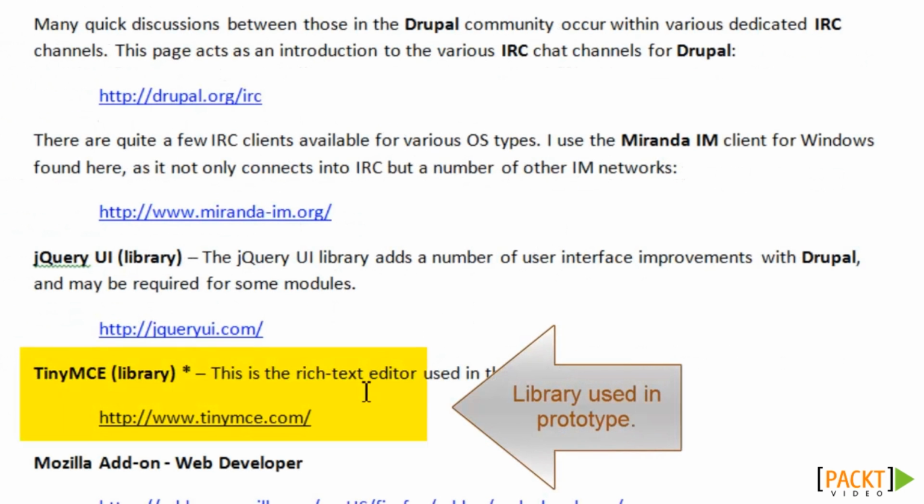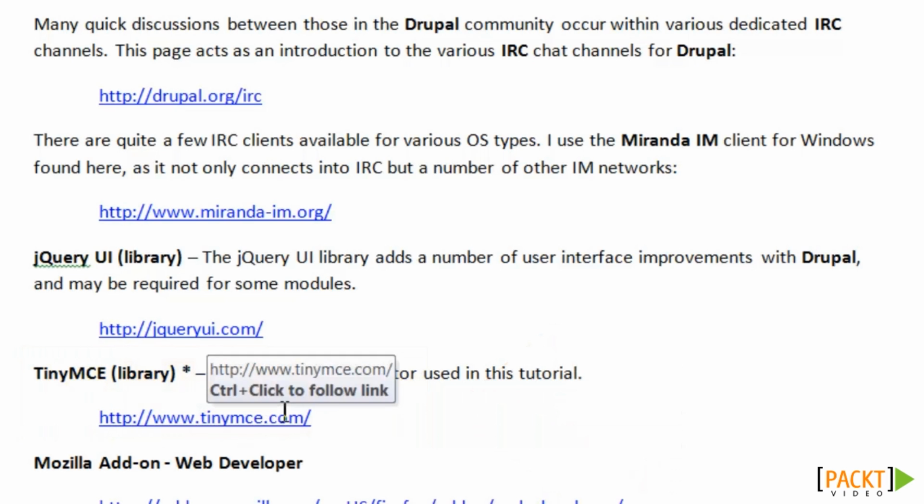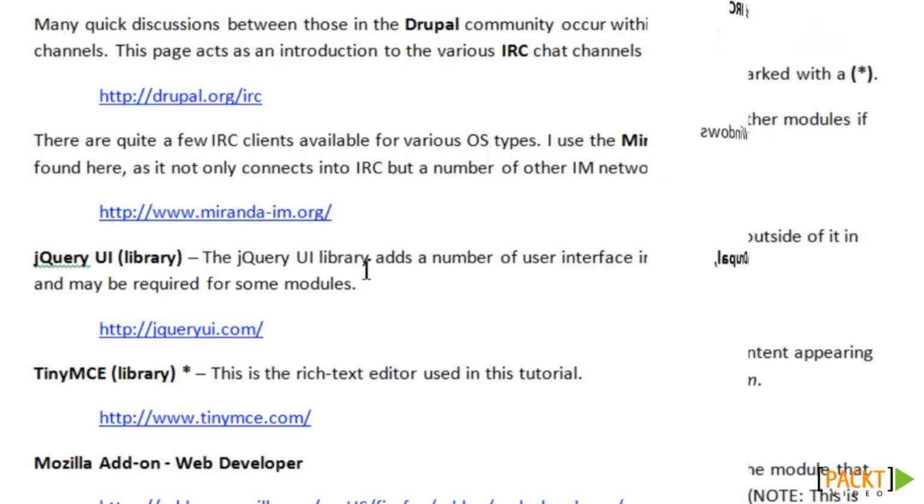I will only be covering the use of one library in the demonstration of building the prototype, which is TinyMCE for the rich text editor. But I did include information on jQuery UI because it is so often requested by so many modules for Drupal.